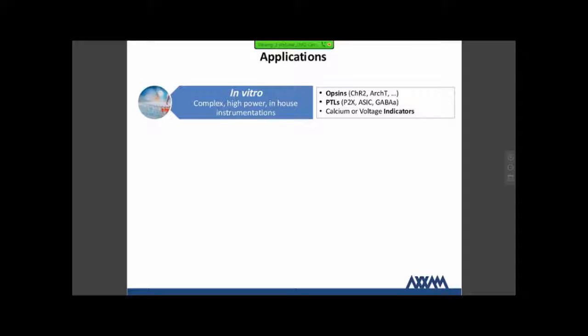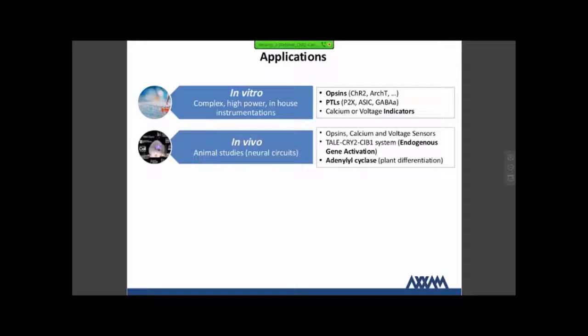I have to say that most of these experiments are performed with very complex instrumentation with very high power light sources. Then about the in vivo application, as I told you, these were the main application of the optogenetic technologies, where opsins, sensors, enzymes, and very complex mechanisms have been very well validated in animal studies.